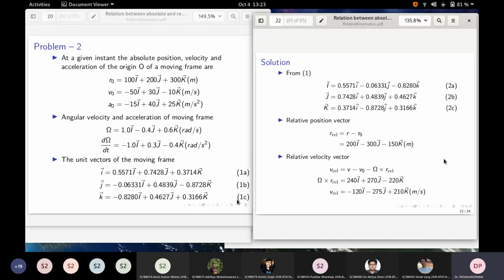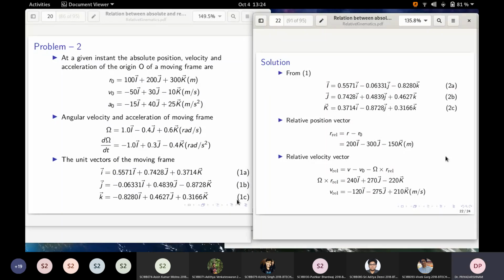For the velocity, you look at that velocity equation. The velocity equation says absolute velocity equals relative velocity plus V naught plus omega cross RL. So you compute these various components and then compute the relative velocity.